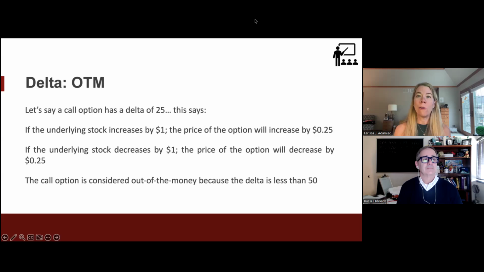It also says that if the underlying position rises by $1, the option is going to increase by 25 cents, and vice versa. If the underlying decreases by $1, the option should lose a quarter. And again, we consider this out of the money because the delta is less than 50 or 0.5. So, out of the money options.